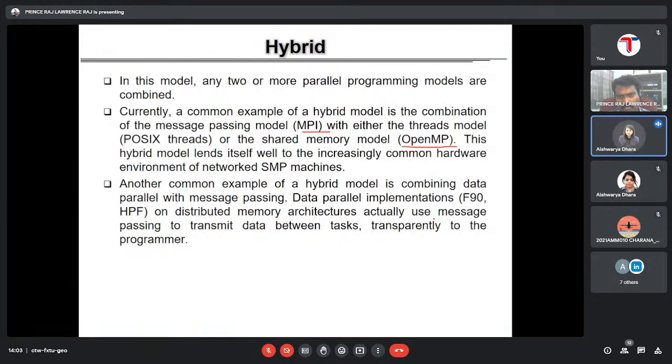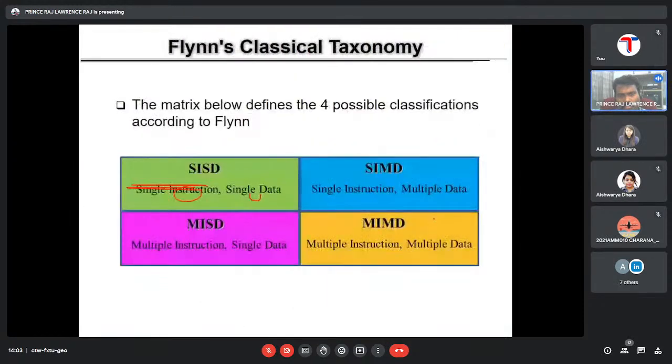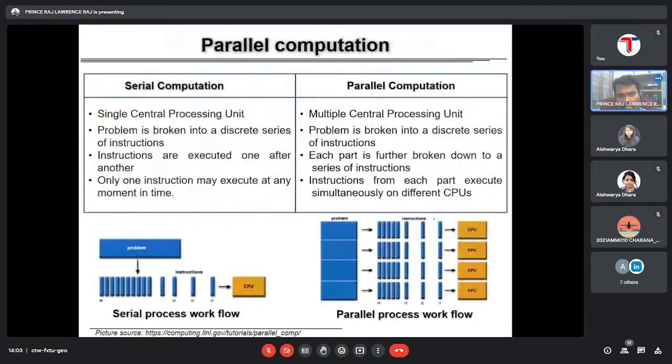That is the first question. The second is how to find the number of threads available in the particular memory, and how we can increase it.